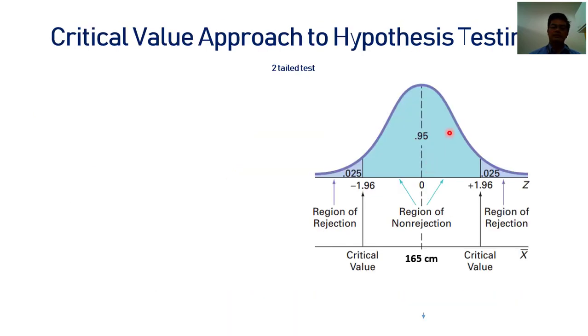Let's discuss further. How can we determine whether the value of the sample statistics is indeed close or far away from the population's parameter? Of course, we have to define a critical value such that the region of non-rejection and the region of rejection are clearly separated.